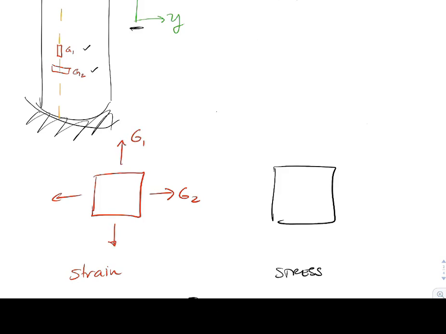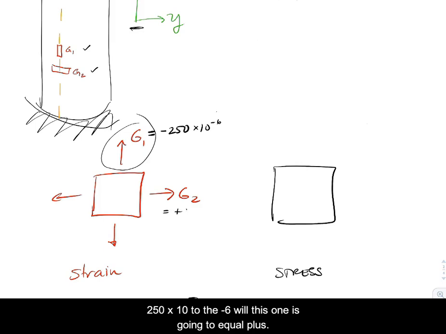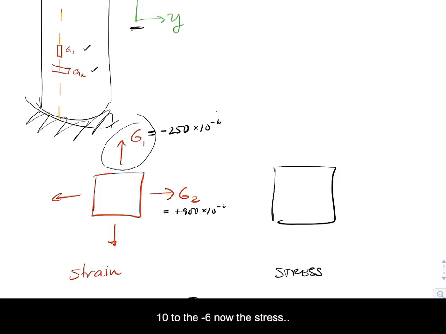G1 also has a value. It's going to be negative in just a minute. I'm going to draw the arrow in tension. In the end, G1 is going to be minus 250 times 10 to the minus 6, and G2 is going to equal plus 900 times 10 to the minus 6.